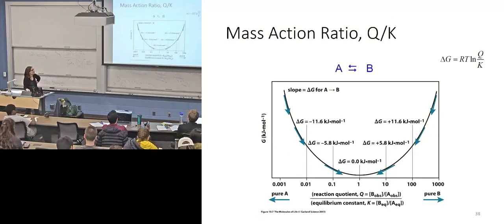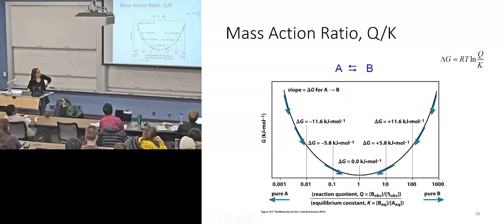So here's another, even more oversimplified example. Just A becomes B, or it could go back. Over here we have pure A or pure B, and we're looking at, again, the reaction quotient divided by the equilibrium constant. So our observed concentration of B divided by observed concentration of A. Look at that relative to what you'd expect at equilibrium.